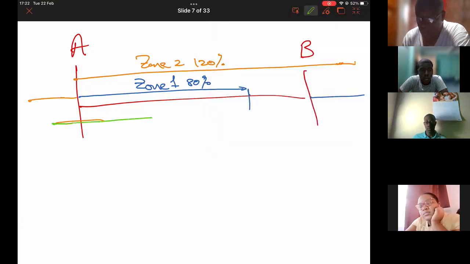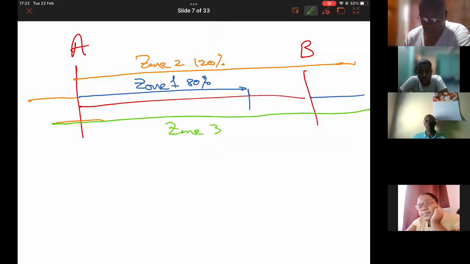Hopefully you'll see the green. So zone 3 would continue. As I said, there's a reverse portion of zone 3. And this would be the 100 plus 120%. That's your zone 3.